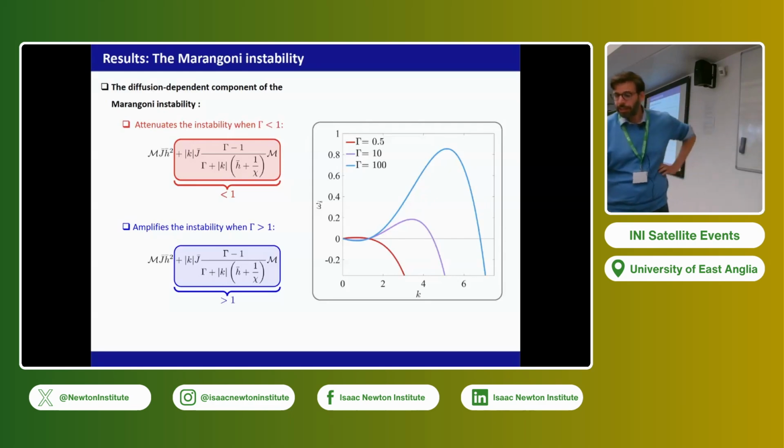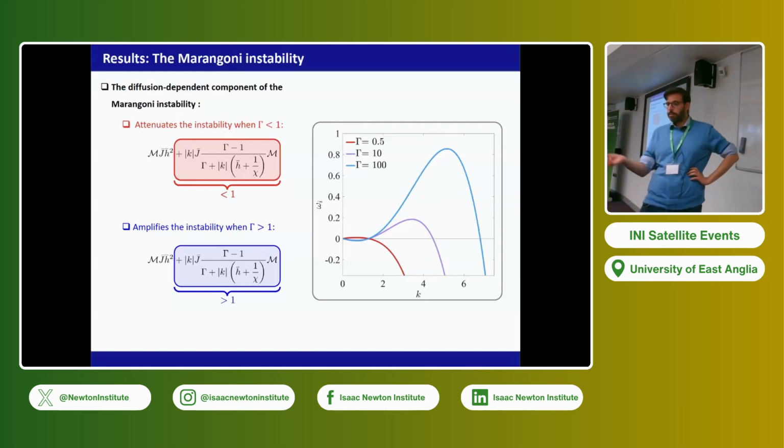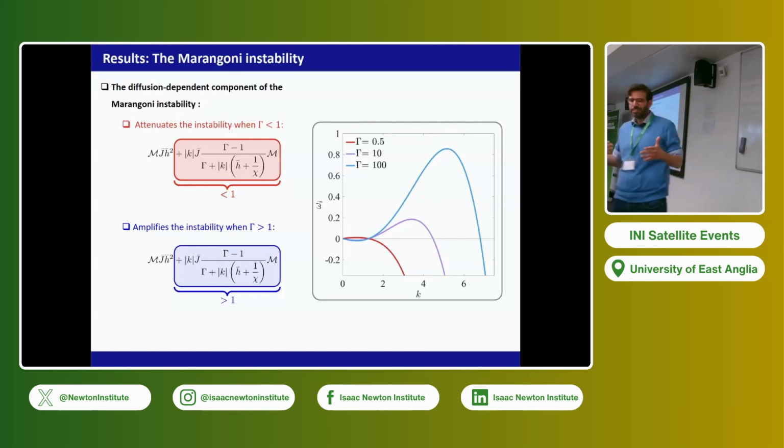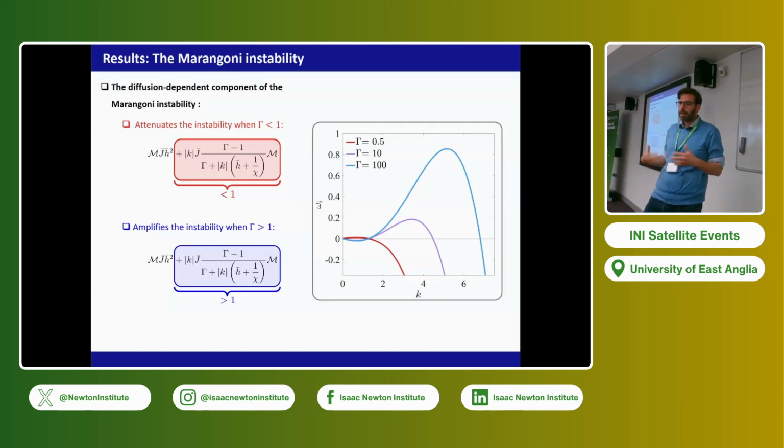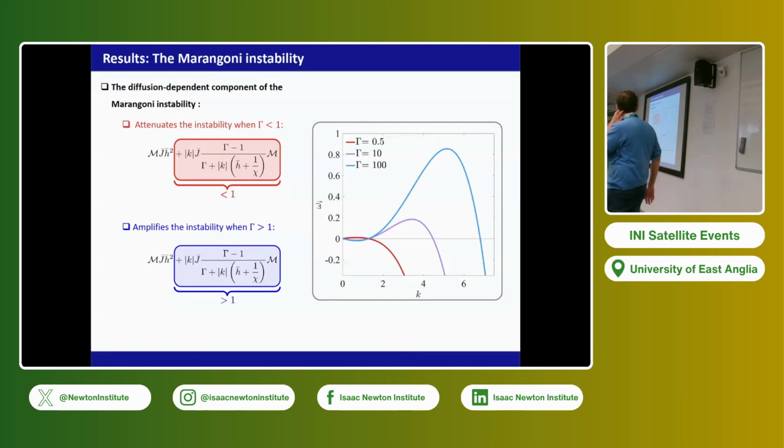In this case, you see, when gamma is smaller than 1, it is diminishing the instability, so a stabilizing effect, as we already said. When it is larger than 1, it is amplifying, since that term will be positive, while the other part will be negative. And so clearly the growth rate will grow significantly with gamma, as you can see in the figure there.